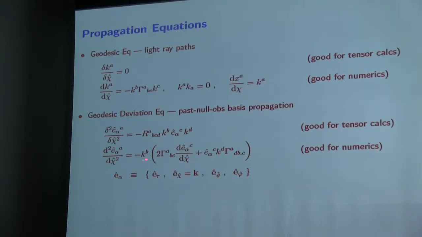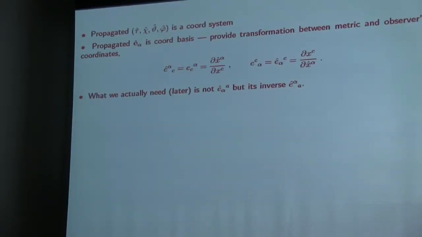Second total derivative, and it looks a bit messier, involving the Christoffel symbols and their derivatives, as well as first derivative of the deviation vector and the null vector. Okay. That then gives us a set of differential equations which we integrate in parallel. And we then get a propagated coordinate system. It is a coordinate basis, which is useful.